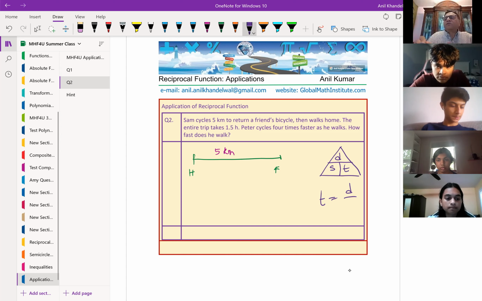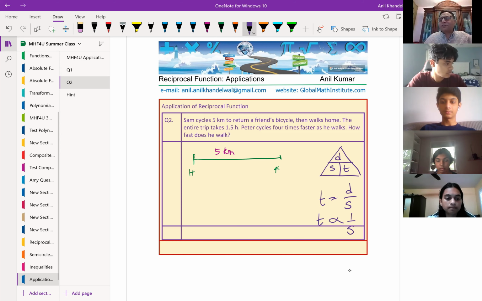If you want to find the time, it is distance over speed, correct? Or if you want to find speed, it is distance over time. Now, if you walk faster, for the same distance, you take less time, correct? Make sense? So we know that time is inversely proportional to the speed. D is a constant.